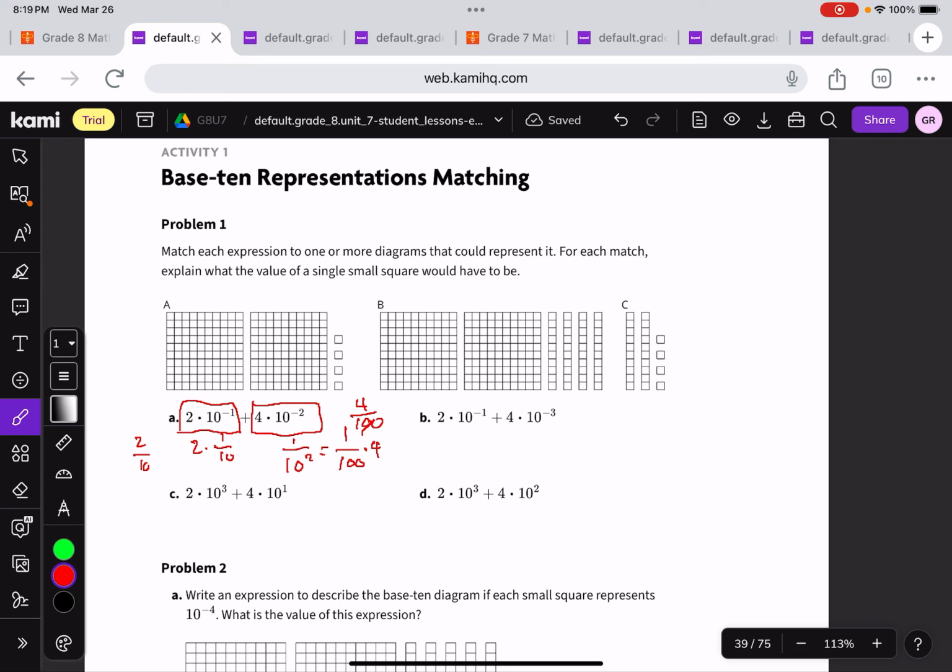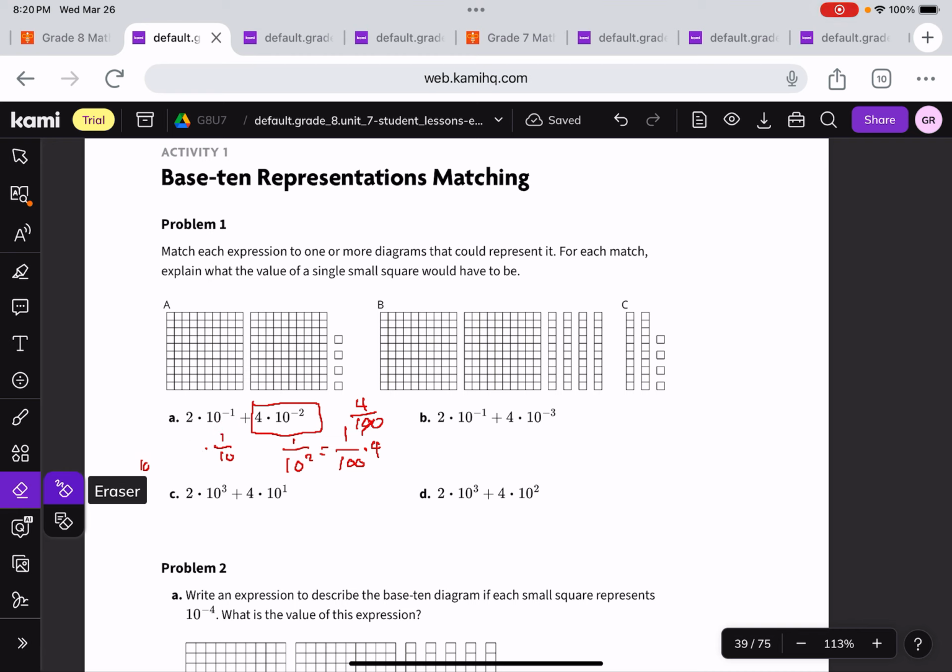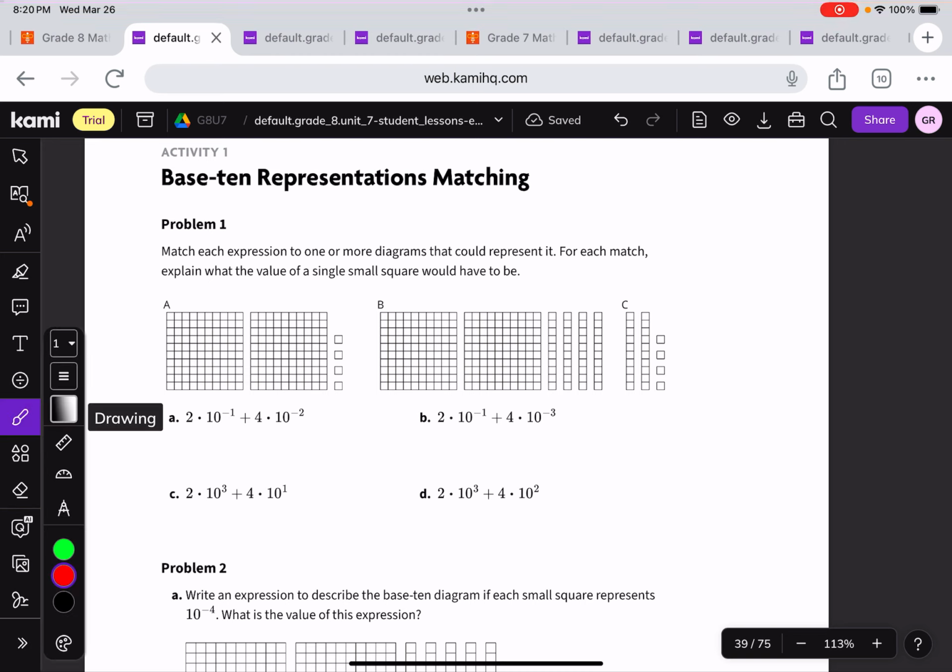Notice what's most important: pause this video whenever you need to, or rewind it. -1 and -2 are only 1 power of 10 away from one another.